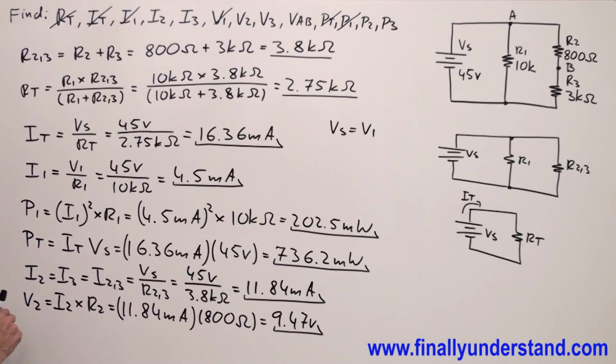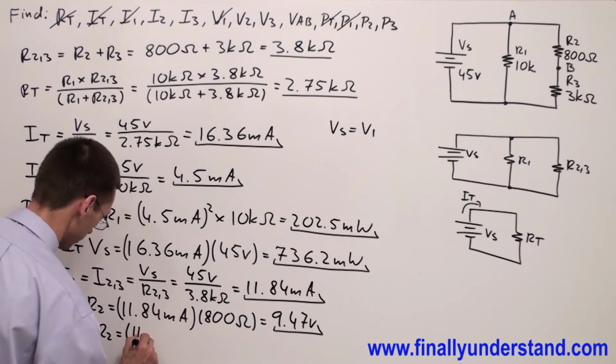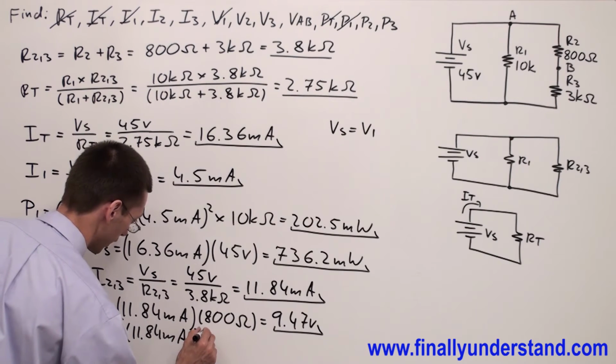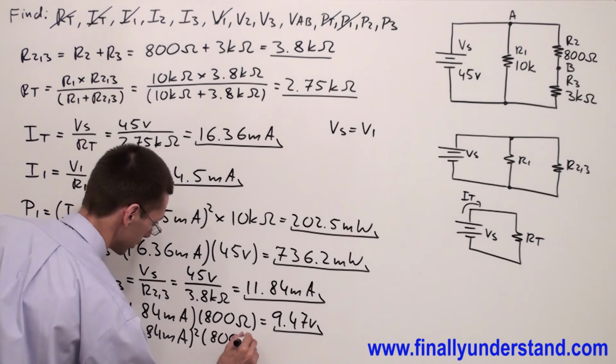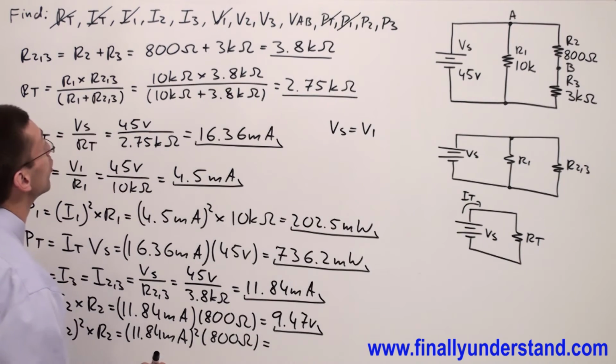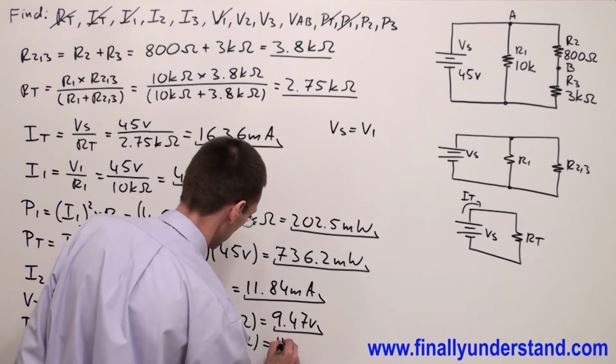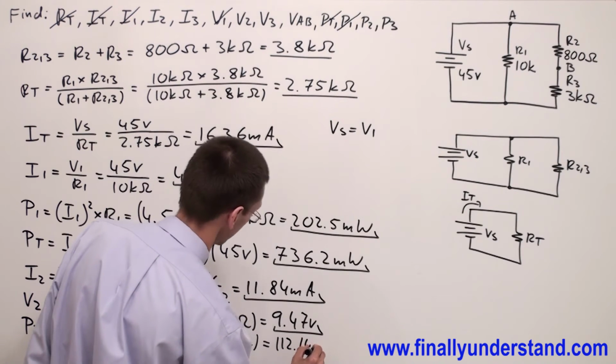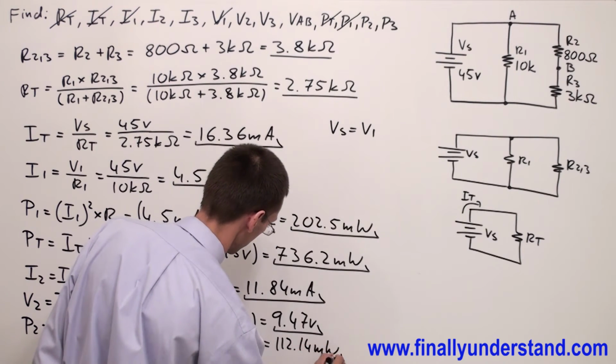Okay, so this is the voltage drop across resistor R2. If I have current and resistance, I can also find the power. So P2 is equal to I2 squared times R2, which is equal to 11.84 milliamps raised to the second power times 800 ohms, is equal to 112.14 milliwatts.